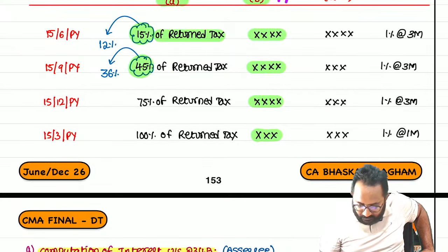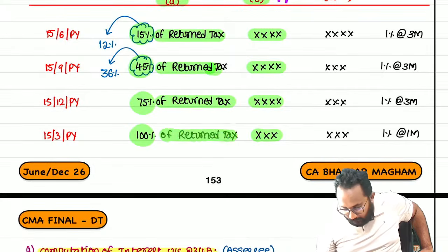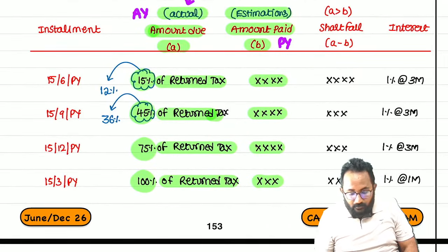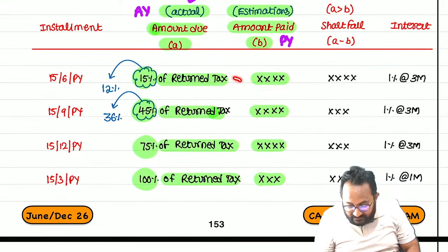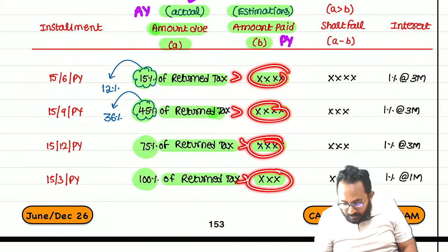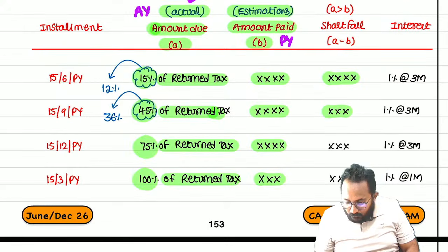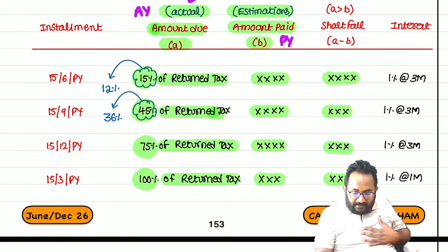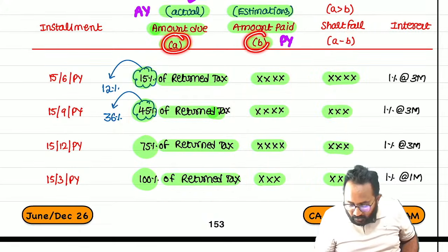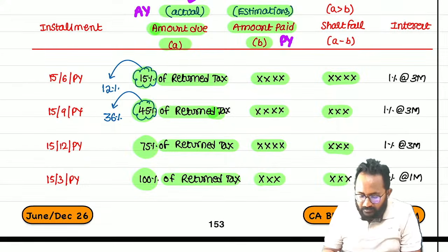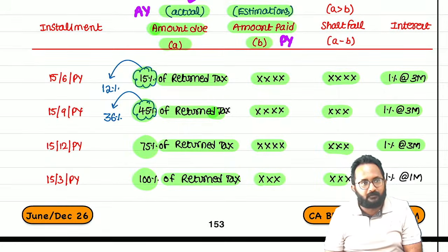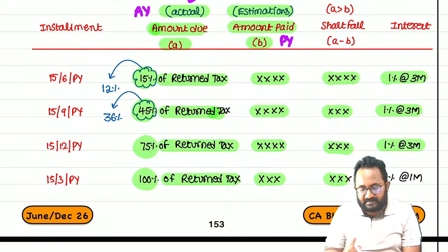Second 45%, 75, 100. But we paid some amount in which year? Previous year. Now remember, if you paid less than this, that amount is called what? Shortfall. They are expecting this amount, but you paid only this. A minus B is called what? Shortfall. If shortfall is there, for the first installment, second, third, every time 1% interest rate for how many months?